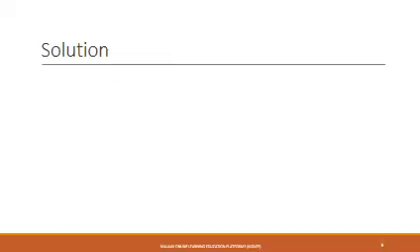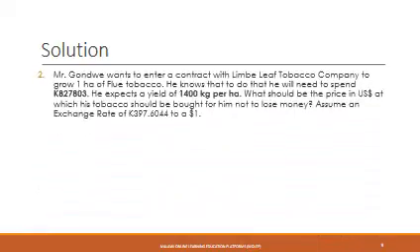Now let's move to question number 2, which is asking us to find the price at which his tobacco should be bought for him not to lose money, or in other words, we need to calculate the break-even point in terms of targeted price in order for him not to lose money.